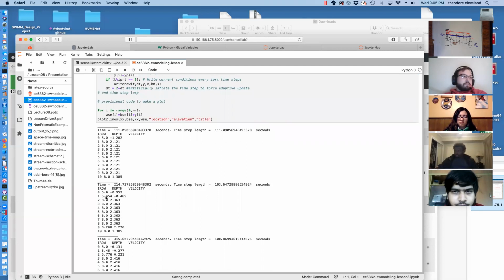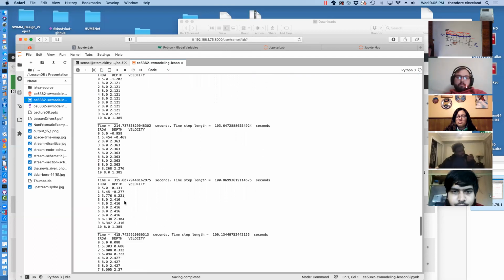And now we see the depth at the next cell has dropped down. And so what we're seeing is a reverse wave propagating this way, and this is slowly draining out to the right. And then we go to time 315.